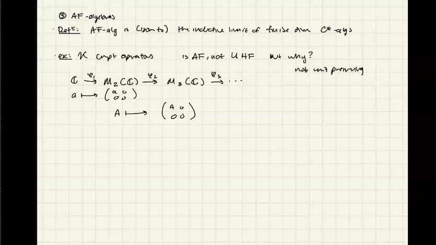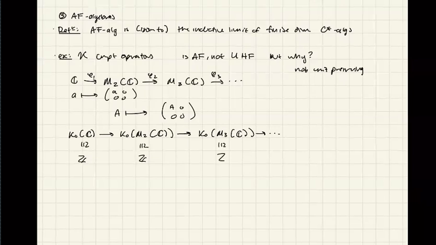So we apply K0 to all of our entries. And we also apply it to our maps, but I'm going to be lazy and not write that out. And we already know that each one of these is a copy of the integers. So again, it comes down to figuring out what is going on with these maps.